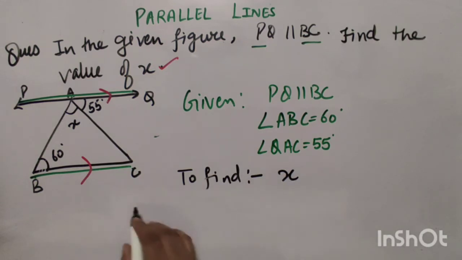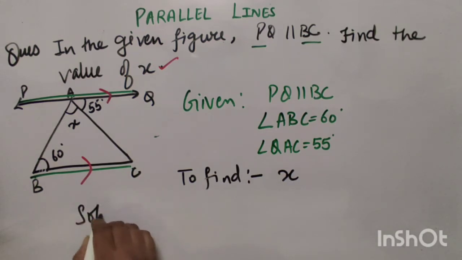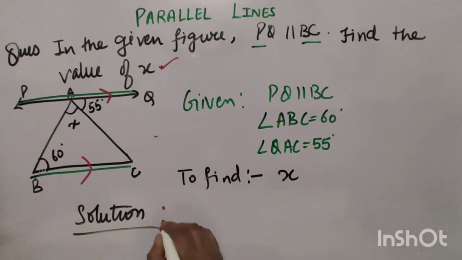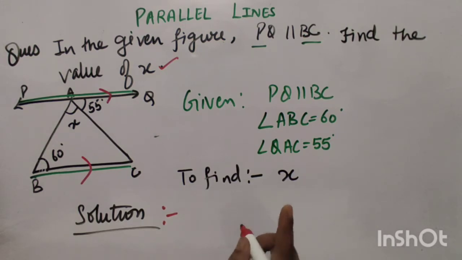So let's start the solution. In the solution, first of all, if I am going to use the concept of parallel line, right children, I have to find first what is a transversal here, because without a transversal we cannot apply the concepts of parallel line.